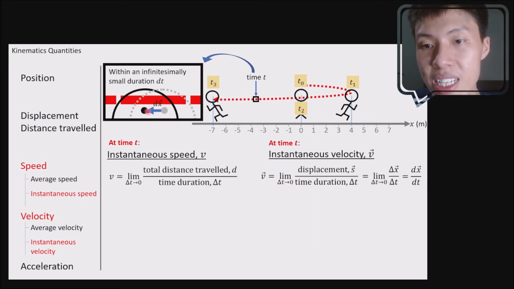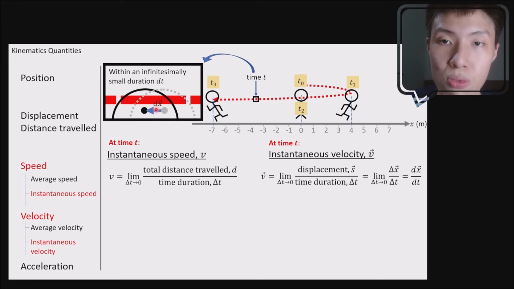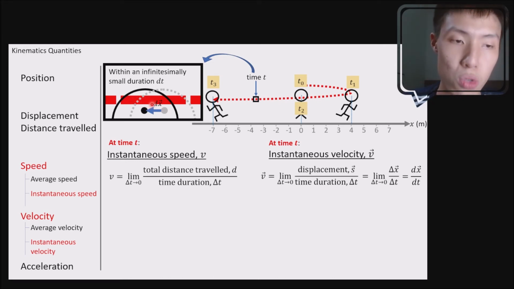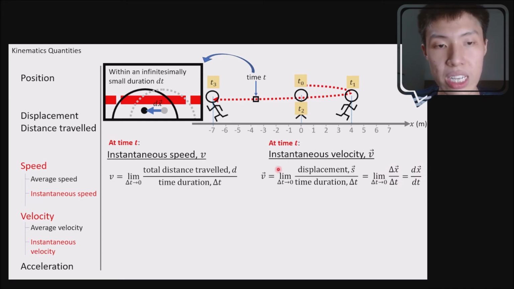In this case, it is actually indicated here. Within this really, really short time dt, I only managed to change my position by this much, which is dx over here. And in the video, I actually explained that this dx here is in the same direction as the direction of motion. So if we change the limit, we can change the delta to become d, an infinitesimally small change. So this is the equation for instantaneous velocity.